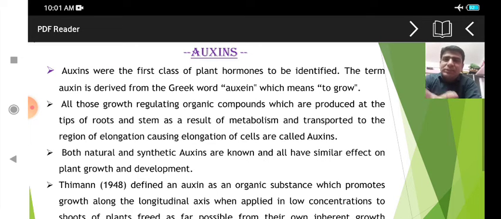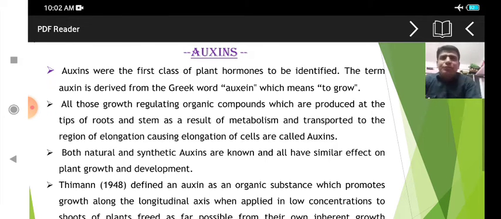The synthetic auxins are naphthalene acetic acid and 2,4-D, that is, 2,4-dichlorophenoxyacetic acid. So 2,4-D is also a kind of auxin, but a synthetic one.